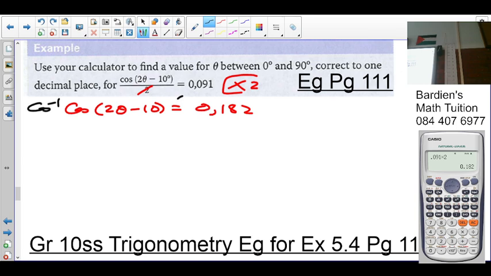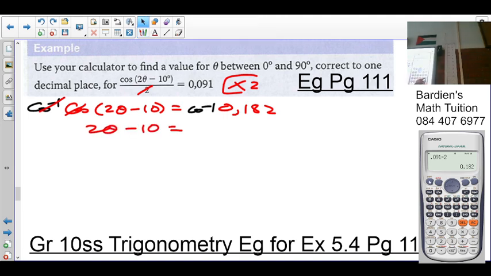On the other side I'm also going to have arc cos. You all agree with that? So the cos is cancelled, so 2 theta minus 10 is equal to, on my calculator, arc cos of the last answer calculated, gives you 79,51. You all agree with that?